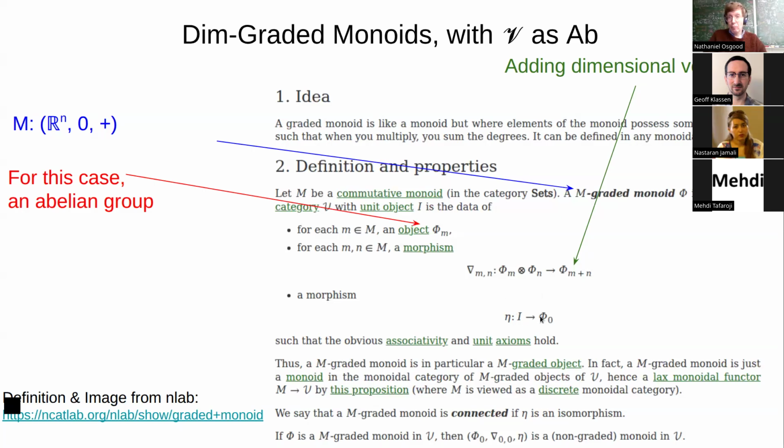And then we have something of unit dimension, right? Unit dimension, that'll be 0, 0, 0. That's something that's dimensionless, or of unit dimension, right? And that's a morphism that we have in this dim-graded monoid category of abelian groups here.